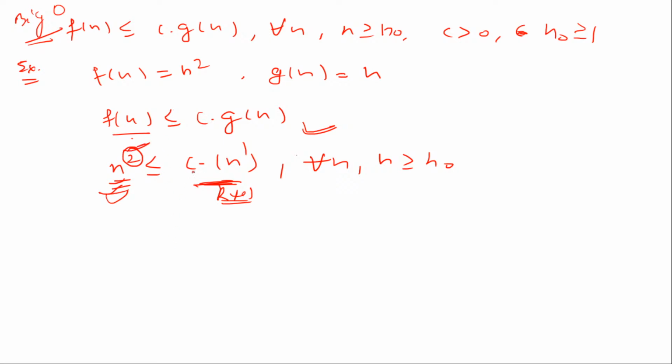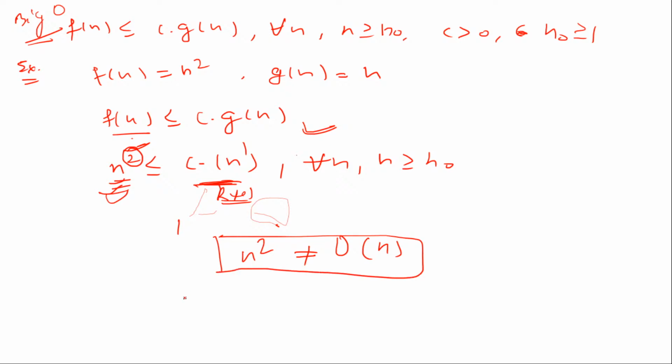That's why n square does not follow the big O notation, because it doesn't satisfy the condition.